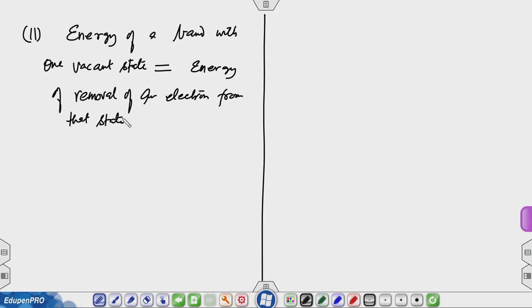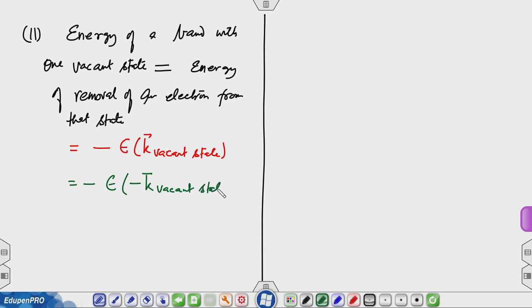Right after I have created a vacant state, so I have removed an electron, this will be equal to minus the eigenvalue E k of the vacant state. I can also write this as minus E minus k of the vacant state.